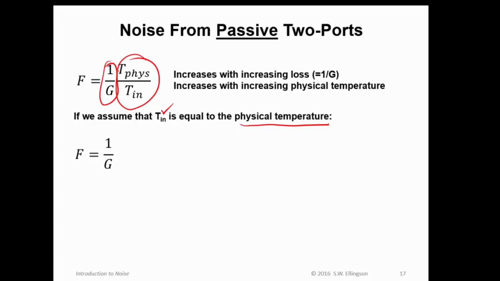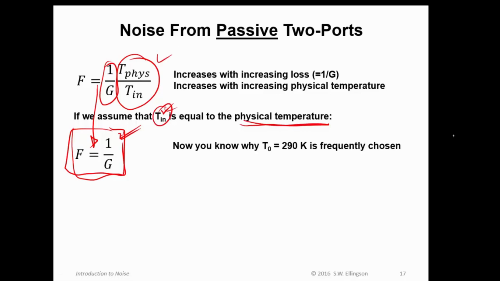And if they're equal, then this expression just becomes 1 over gain. Now this is the equation which is most often simply shown when discussing the noise factor or noise figure of passive 2-ports. It's simply said to be 1 over gain. But you see that this idea actually has a whole bunch of assumptions tied to it. So you have to be pretty careful, right? This is true if everything's in thermodynamic equilibrium.